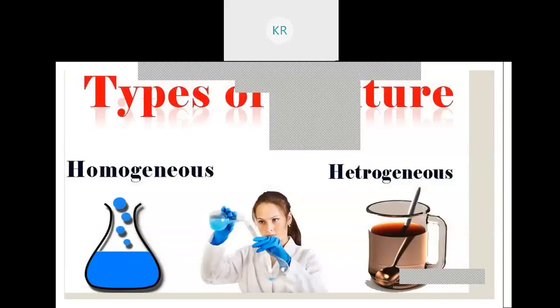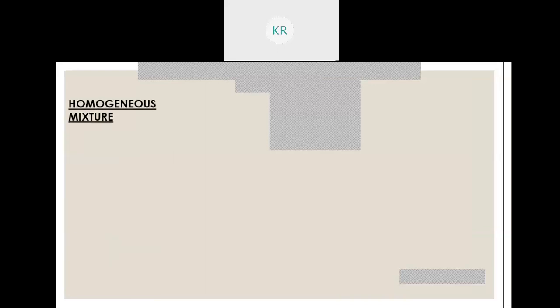Now we are going to discuss types of mixture. As I have told you, there are two types of pure substance, element and compound. And in mixture, there are two types, homogeneous mixture and heterogeneous mixture. If we talk about homogeneous mixture, first just see the definition.